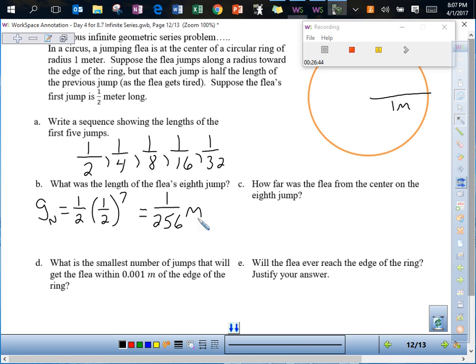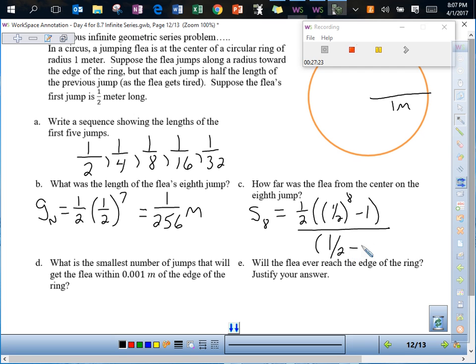On part C then it says, how far was the flea from the center on the 8th jump? This is asking me to add up those first 8 terms. It's asking me to add up a half, a fourth, an eighth, a 16th. So the sum of these 8 jumps is going to be g sub 1 times r to the 8th minus 1, all over r minus 1.